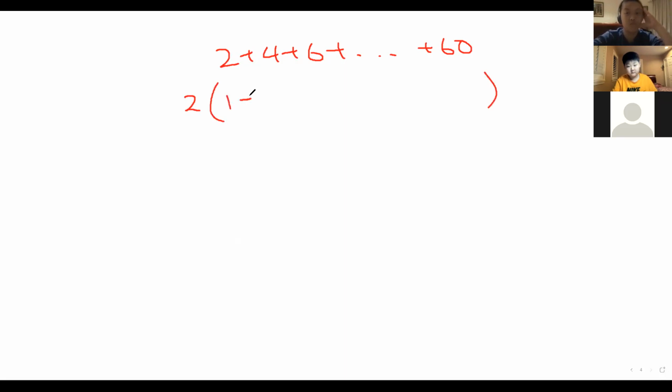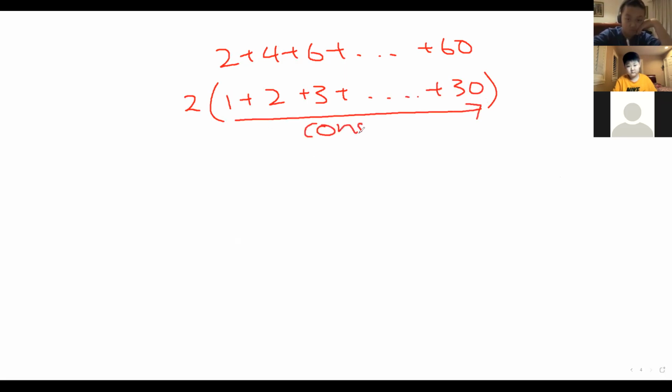2 divided by 2 is 1. 4 divided by 2 is 2. 6 divided by 2 is 3. Now these are consecutive. Each number comes one after another. So this is the same as saying I want to find the sum of all the numbers from 1 to 30, and then once I find out what that is, I'm going to multiply it by 2.